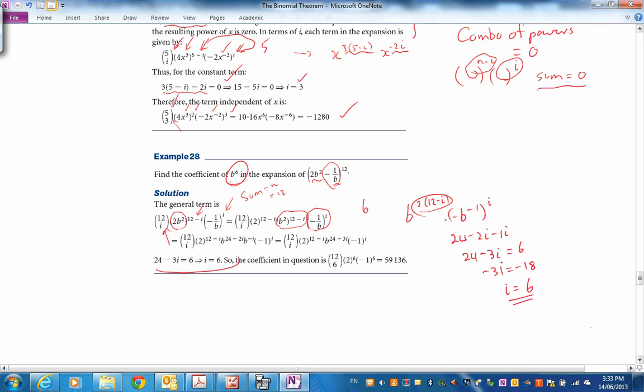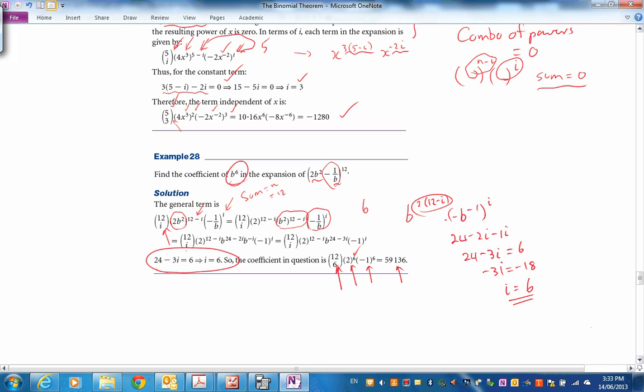So there, that's what they've done down here, plucking out the terms. Now you've got to put the whole thing together. So if i equals 6, the number out the front, 12C6, and then it's 2b squared to the 12 take i, so 12 take i is 6, and then the b squared by the other term is going to give negative 1, and so you get your constant.